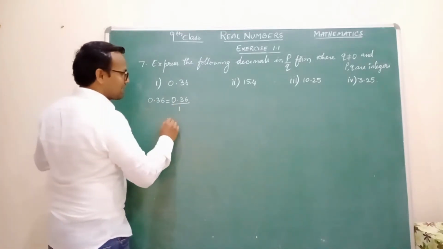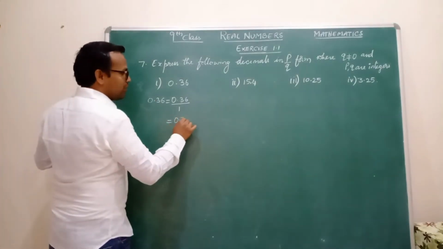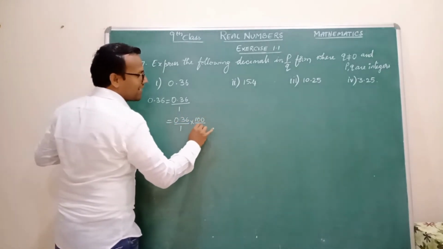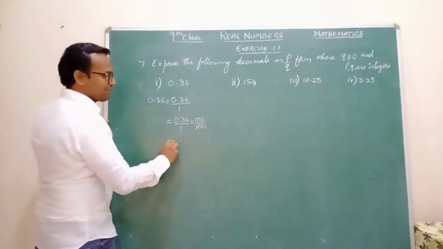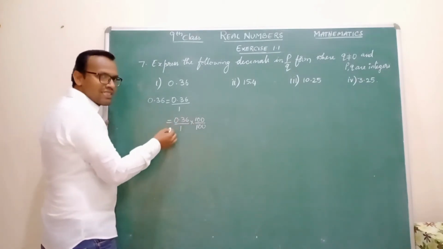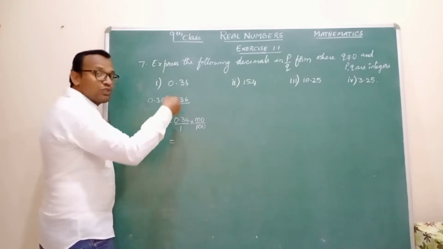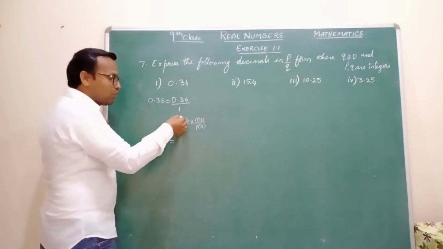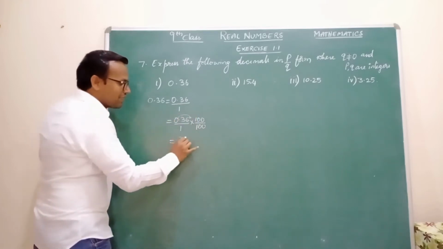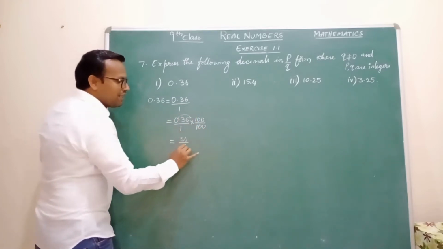So let me multiply 0.36 by 1 into 100 by 100. When you multiply with 100, the point moves two places to the right, 1, 2. That means it comes after 6. So 36, and 1 into 100 is 100.